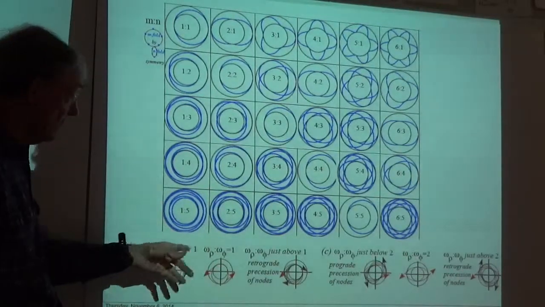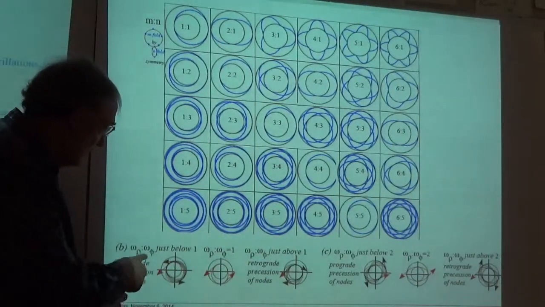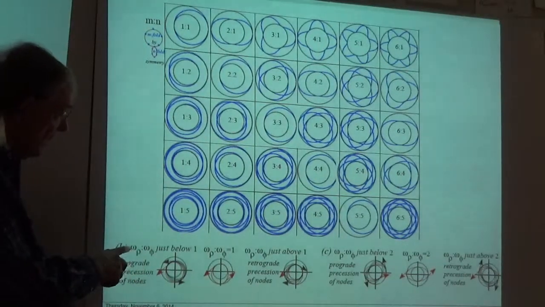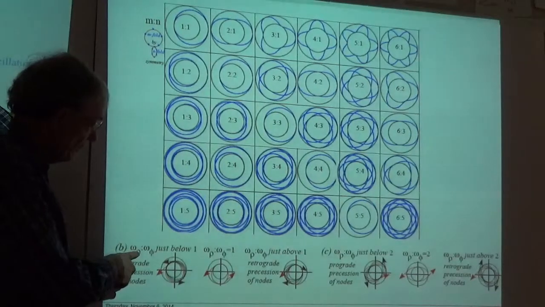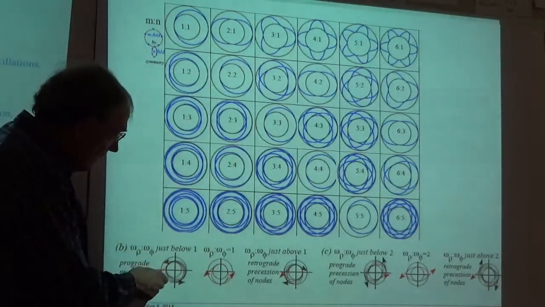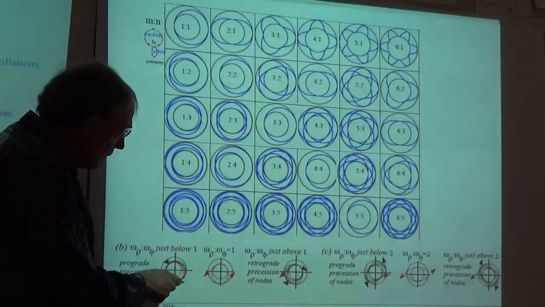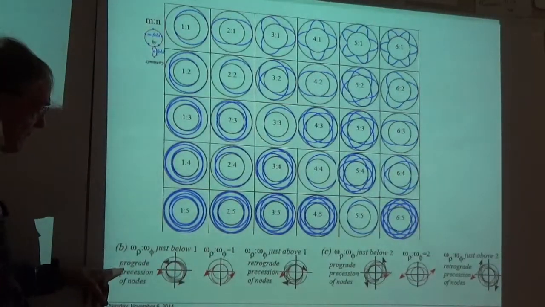Now, if it's just below 1, then somebody's slow. If this is just below 1, that means the radial oscillation is just a little bit slower than the phi. So every time it goes around, it comes up a little late, and that makes it do what's called prograde precession.